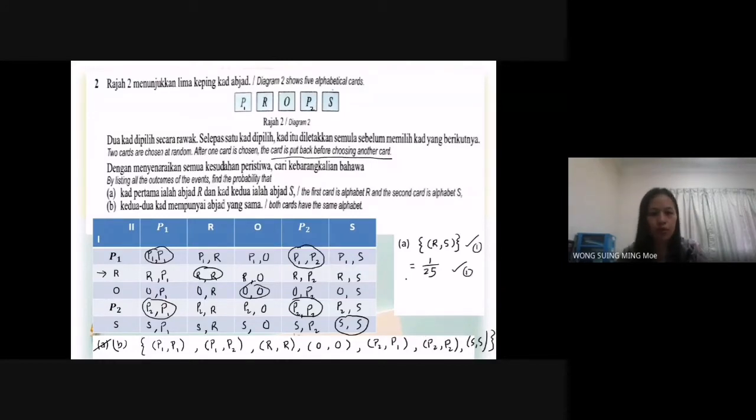Means the probability both cards have the same alphabet is 7/25.